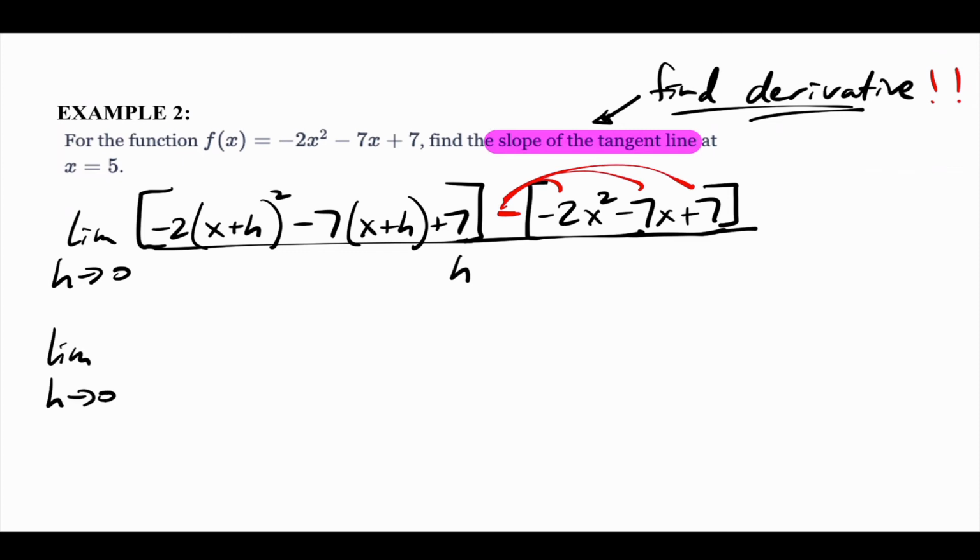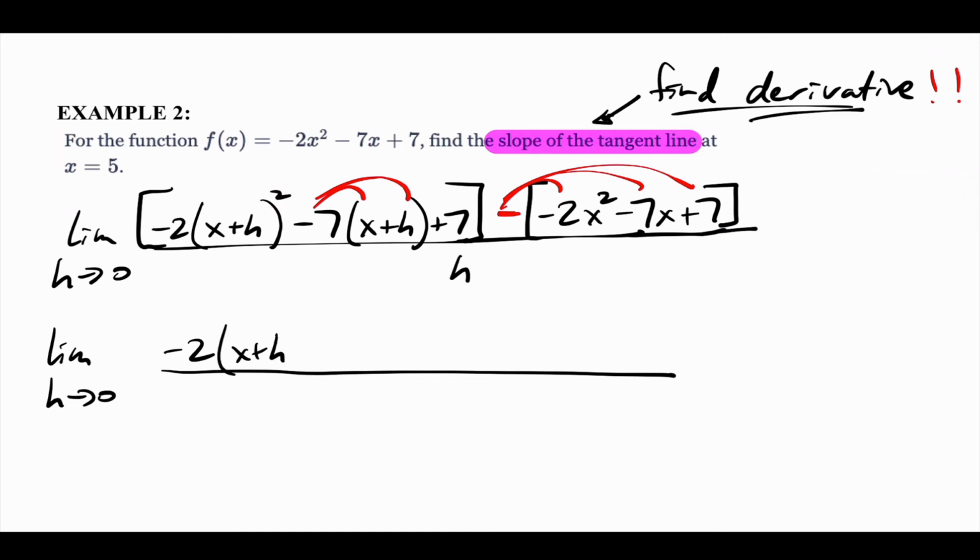The limit as h approaches 0. And I can distribute here too. Can't distribute here. I cannot distribute there because it's got a squared. So I have to multiply it out before I can distribute it. Okay? But we've done that already. So watch. We're going to save some time here. So here we go. Minus 7x minus 7h plus 7.